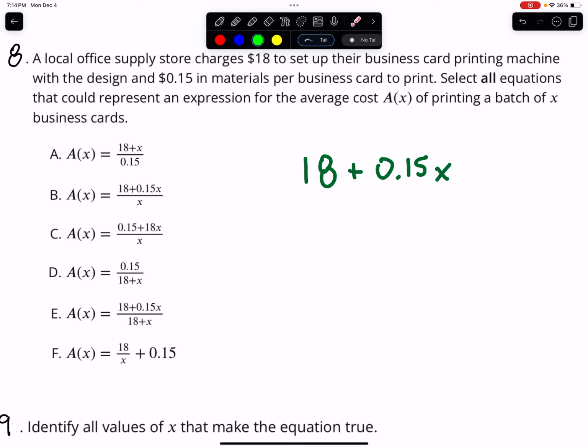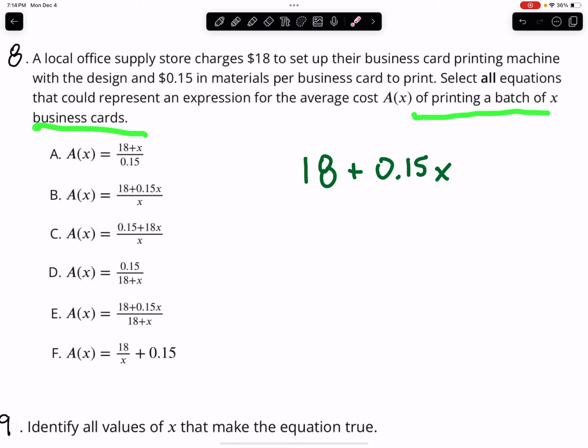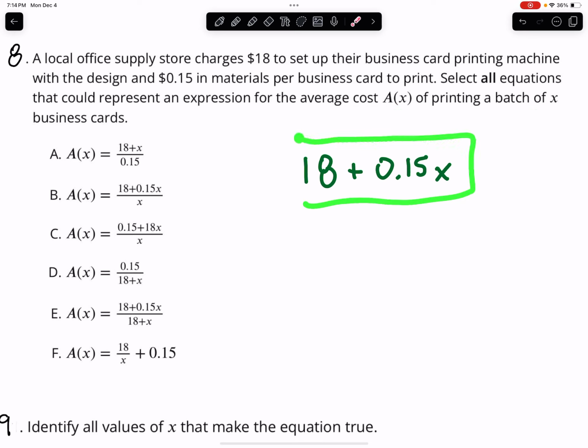All right, and now look where it says the cost of printing a batch of X business cards. Select all equations that represent an equation for the average cost. All right, we're going to have to divide by the number of cards we sell. Okay, this tells me how much I'm going to pay in total, but we want to know how much we're paying per card.